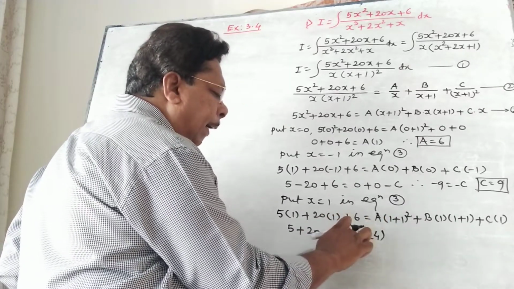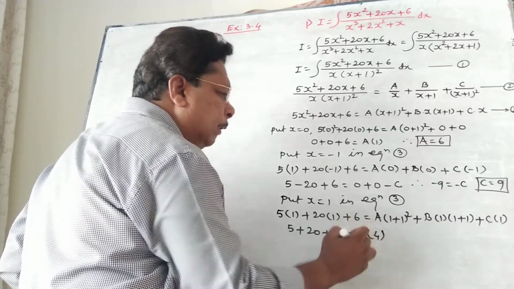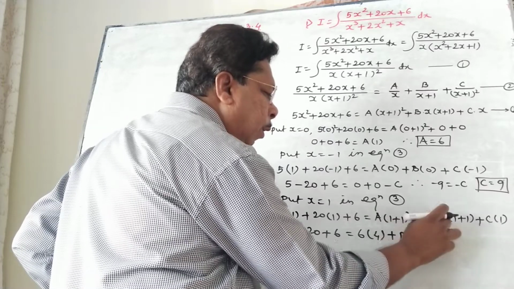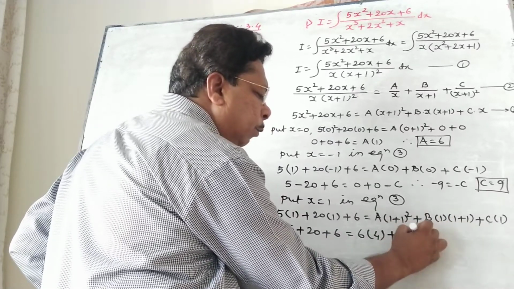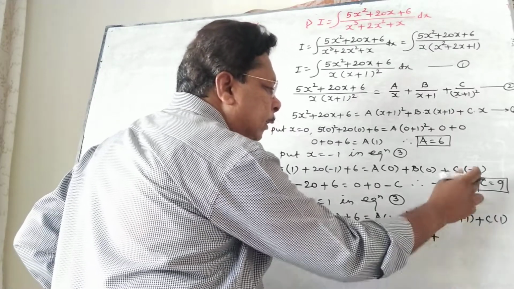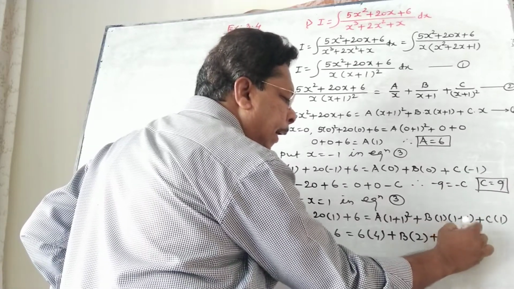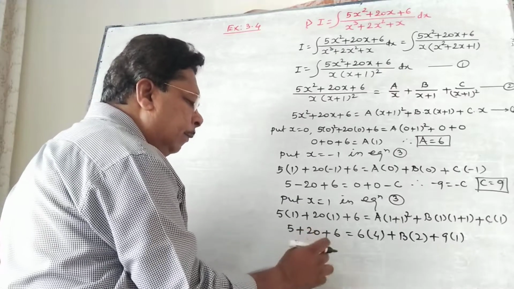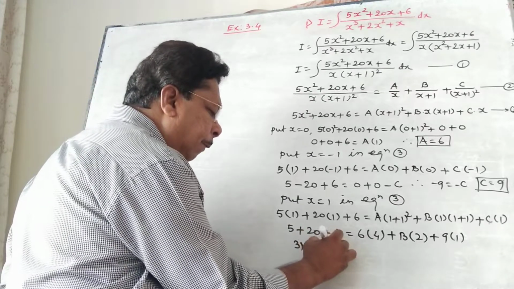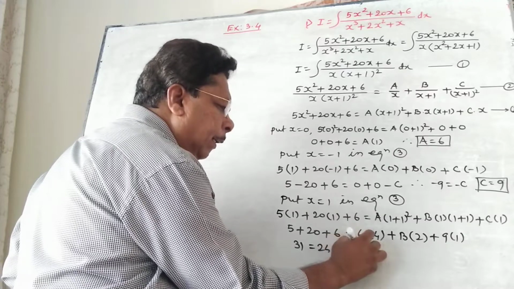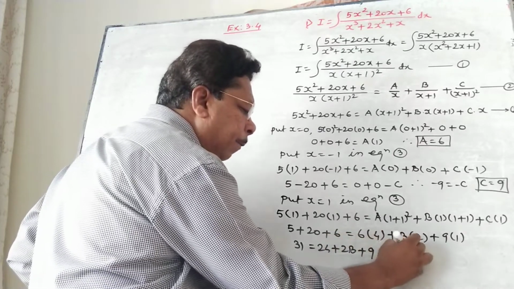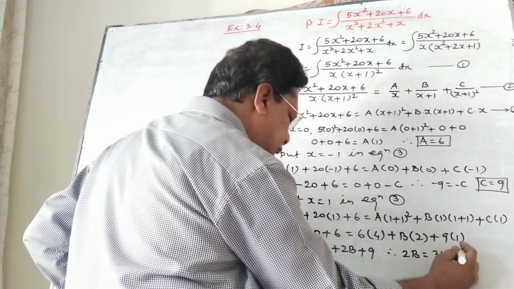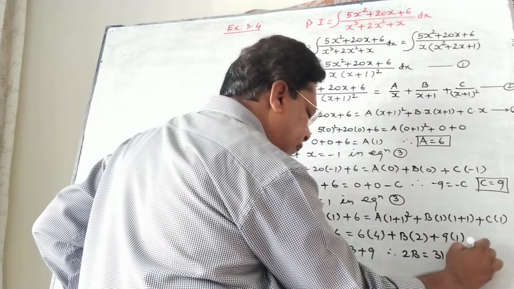The value of A is 6, so 6 into 4, plus B into 1 into 2, plus 9 into 1, with C being 9. So 31 is equal to 24 plus 2B plus 9. Therefore, 2B is equal to 31 minus 24 minus 9.